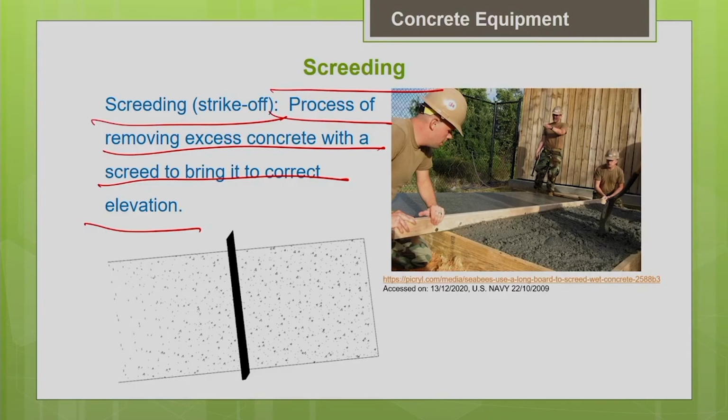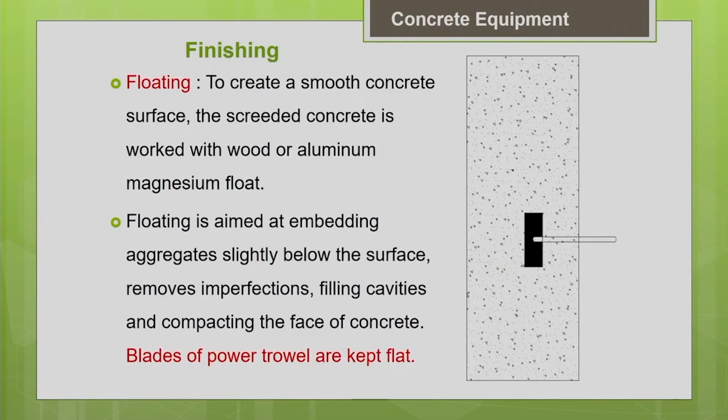Following screeding, the next stage is floating. Always give some time interval between every stage of finishing. The main objective of floating is to create a smooth concrete surface. You either use a wooden float, or a metal one, aluminum or magnesium. With the metal float, keep the blade flat and smoothen the concrete surface.